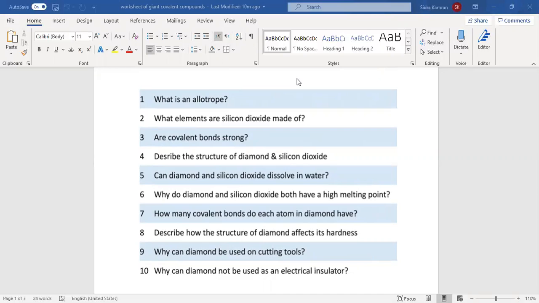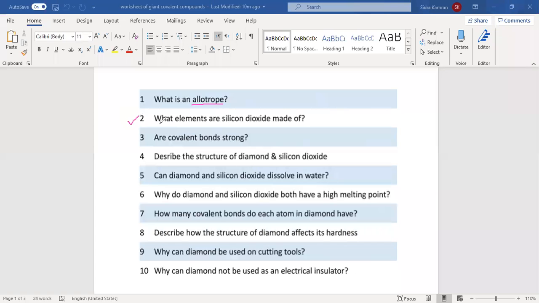Allotrope is basically different structural forms of an element. One element exists in more than one structural form. They are called allotropes. So you have to answer it in just one line: a different structural form of an element.